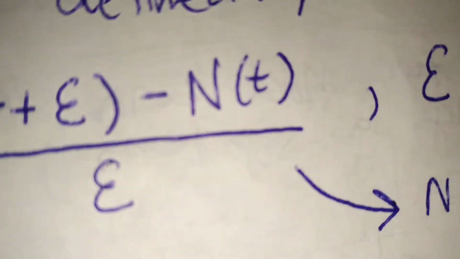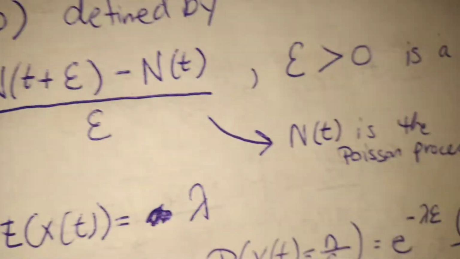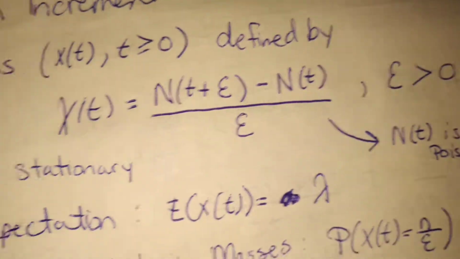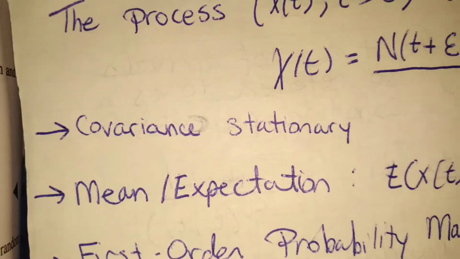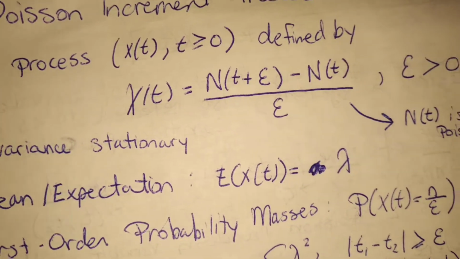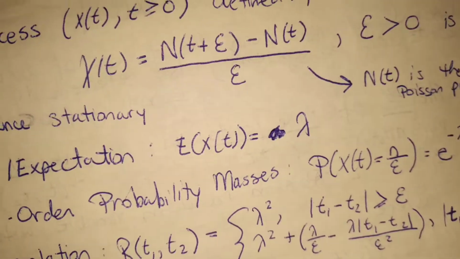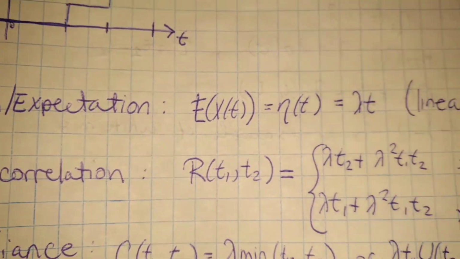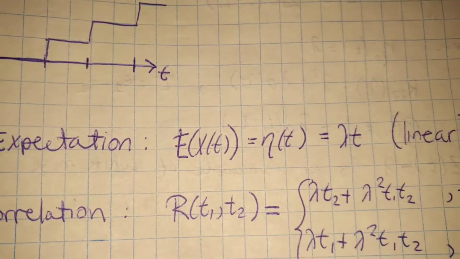And n of t is the Poisson process, so it's similar to the previous process, only more expanded. The covariance is stationary, and the mean expectation is just equal to lambda, whereas for the Poisson process the expectation was equal to lambda times t.